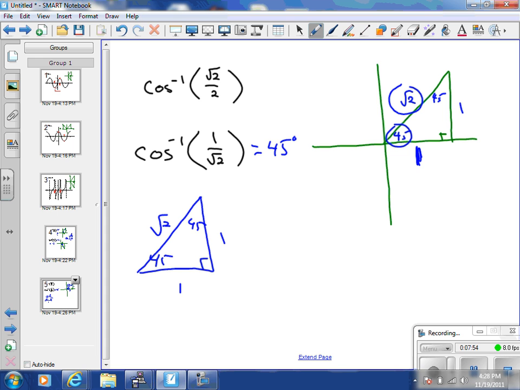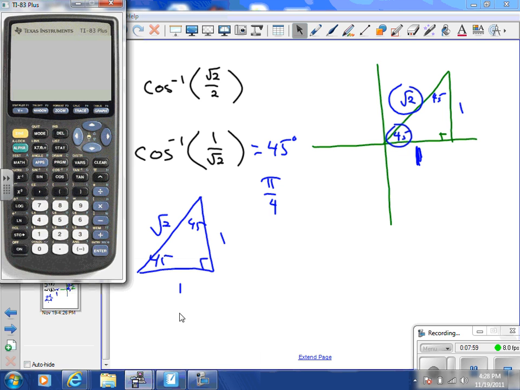So I know that this has to be 45 degrees or pi over 4 radians. Let's demonstrate that here. Second cosine of, let's type in the original way, the square root of 2, close that, divided by 2, 45 degrees.